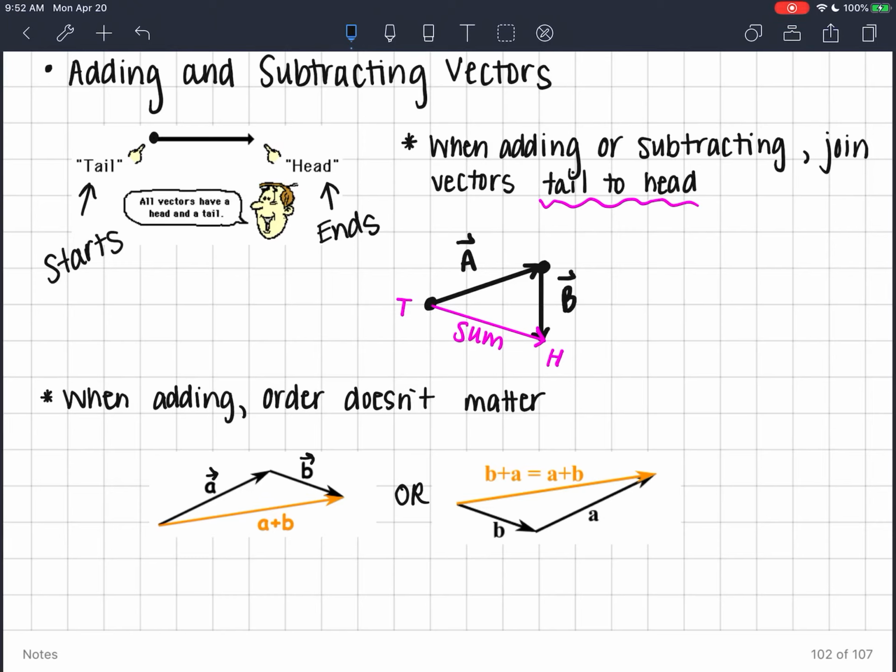I can see that this orange vector is the same length as this orange vector, and their directions are exactly the same. They're parallel. So these two orange vectors are in fact the same, which means whether I add vector B and vector A in this order or in this order, it doesn't matter because I'm still going to get the same sum.